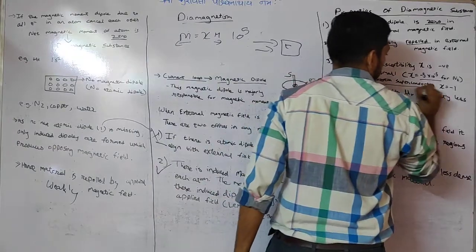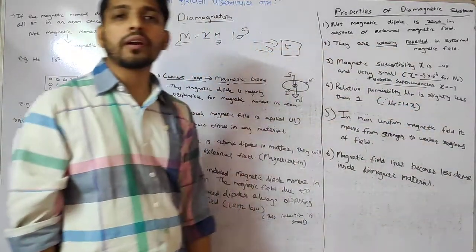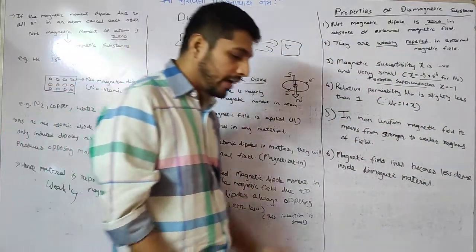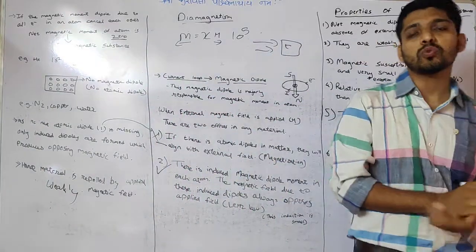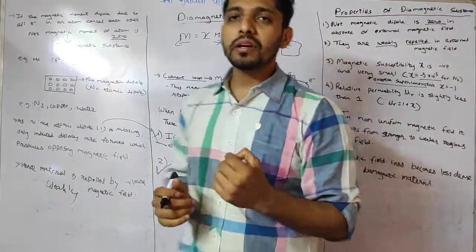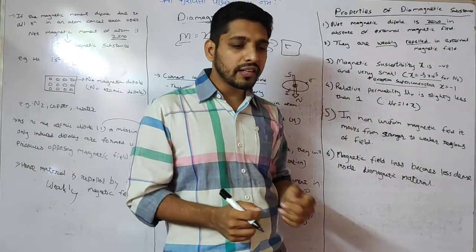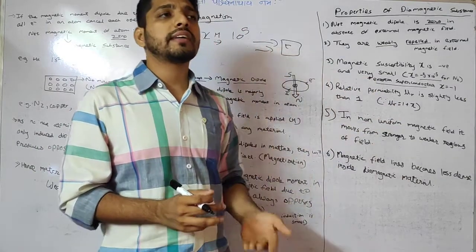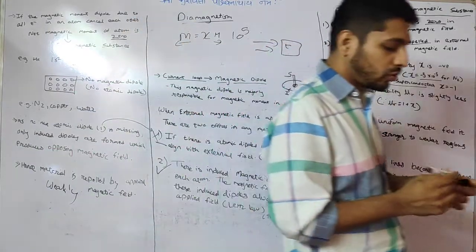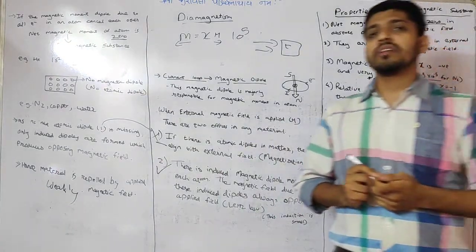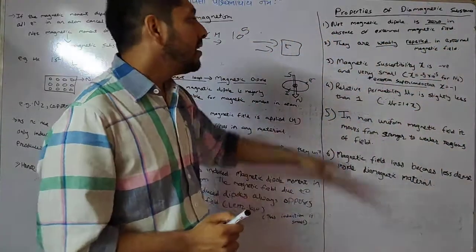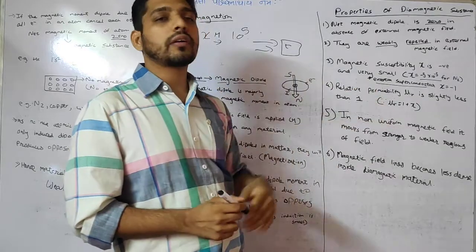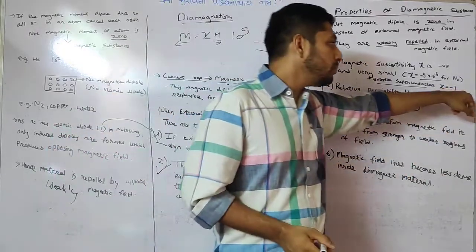Now there is one small exception. The exception is the superconductor. A superconductor has zeta equal to -1, which is also a diamagnetic material. But when this superconductor is taken to a very low temperature, about -300 Celsius, or you can say 0 Kelvin, at 0 Kelvin it acts as a superconductor whose zeta is equal to -1.